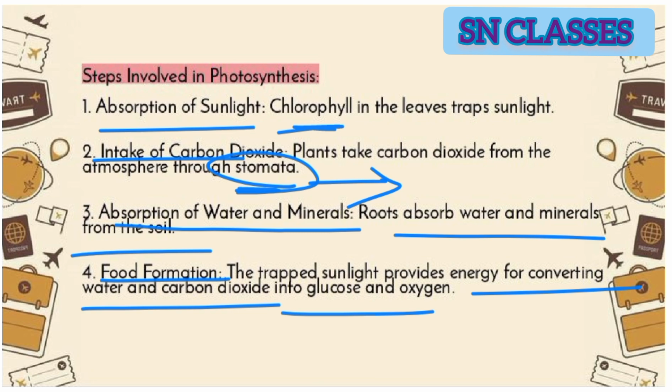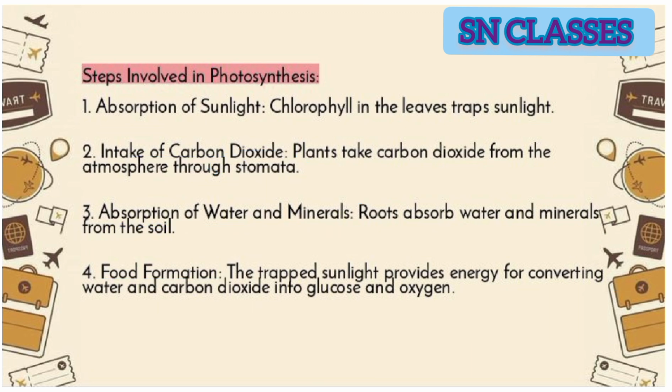The plant absorbs the water and carbon dioxide, right? So these are converted into glucose and oxygen with the help of sunlight and the chlorophyll pigment. Now let us move on to the next slide.